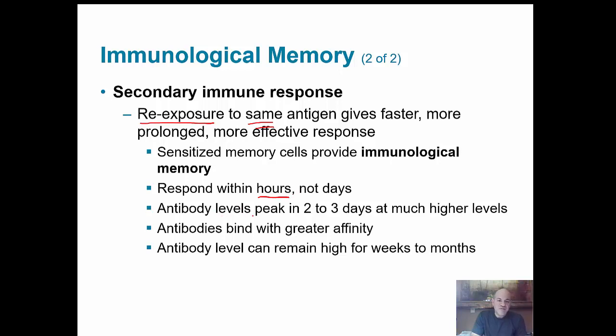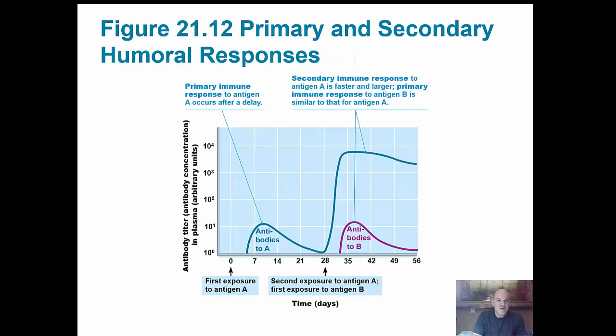The antibody levels are going to peak in 2 to 3 days instead of 10 days, and at much higher levels. The antibodies bind with greater affinity, and the antibody level can remain high for weeks to 2 months. This graph illustrates the time and the level of antibodies produced.